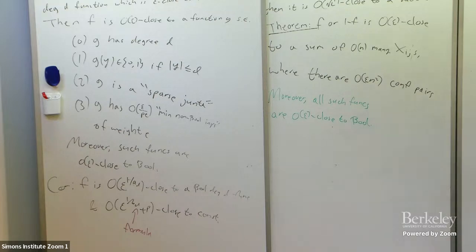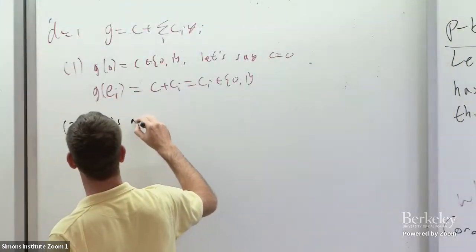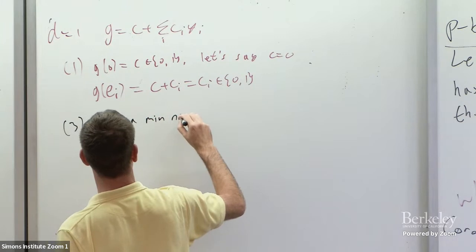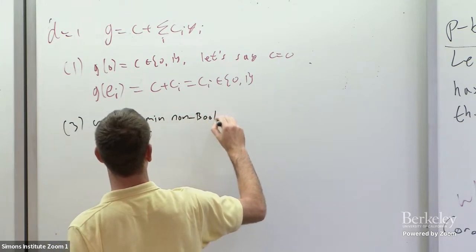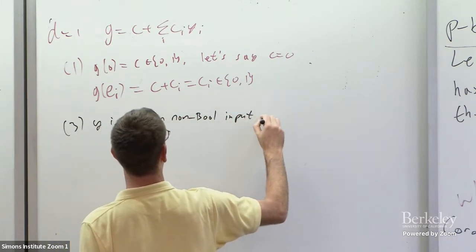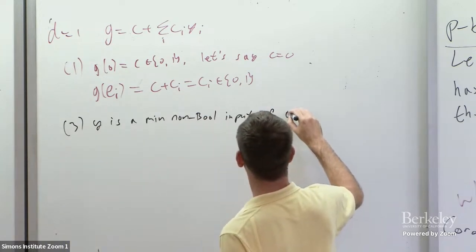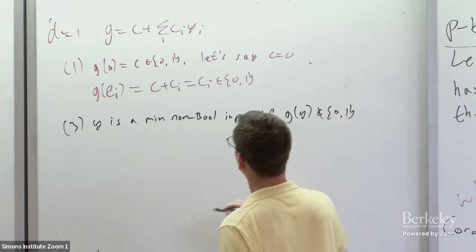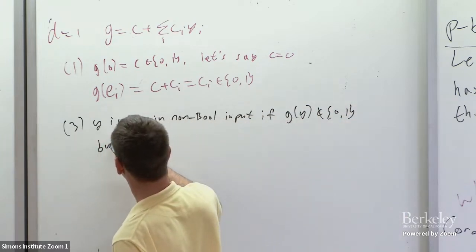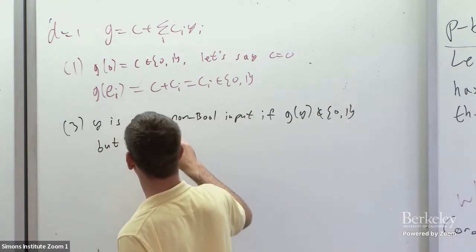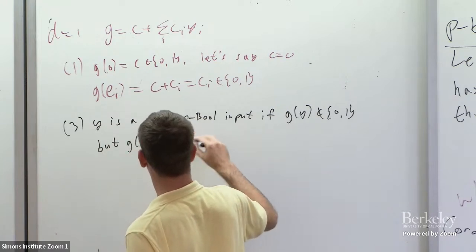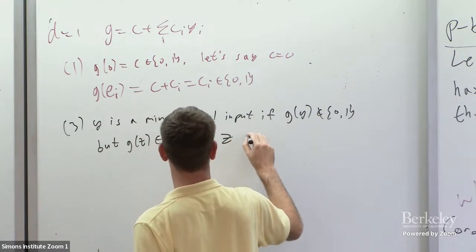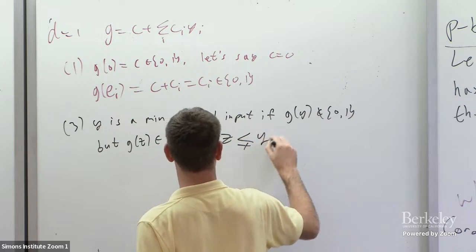Okay, so Y is a minimal non-Boolean input if G of Y is not in {0,1}, but G of Z is in {0,1} for all Z that are below Y.